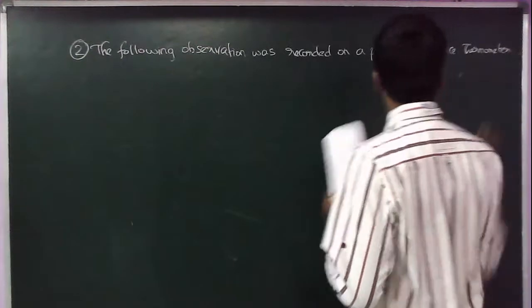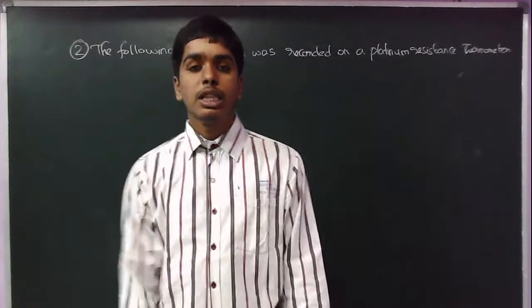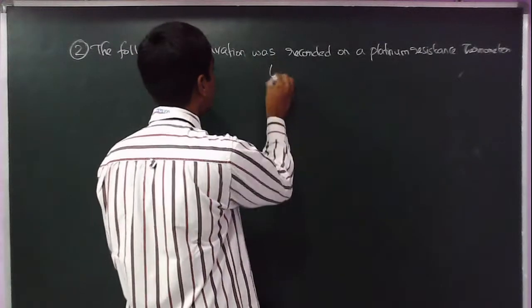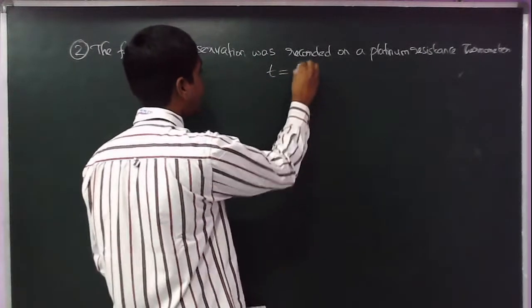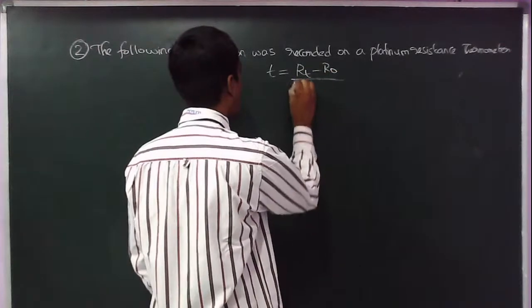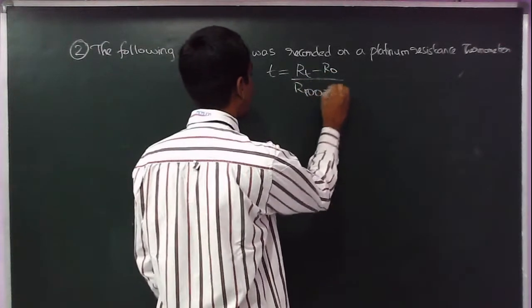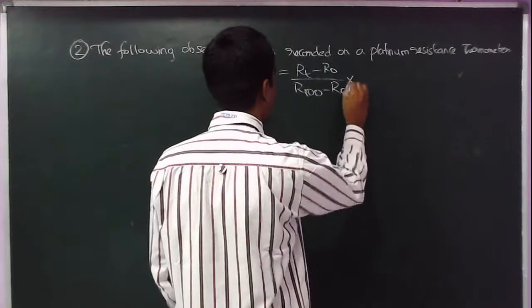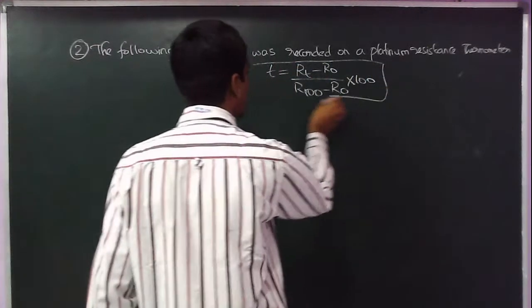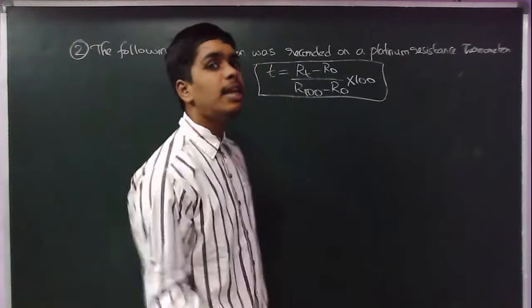So what is the one that strikes your mind? It is T is equal to RT minus R naught upon R100 minus R naught into 100 degrees Celsius. This will strike your mind. Yes, it is true.